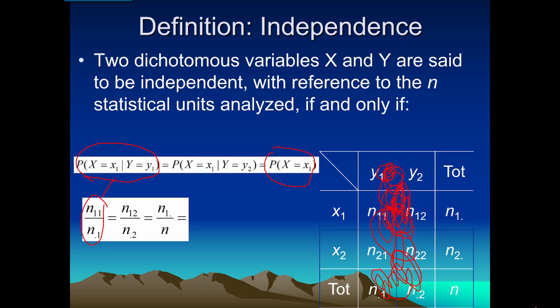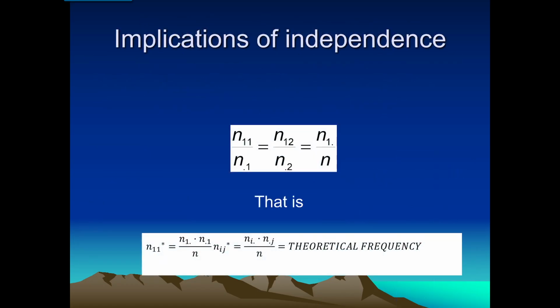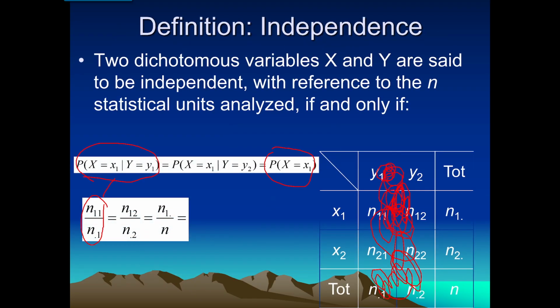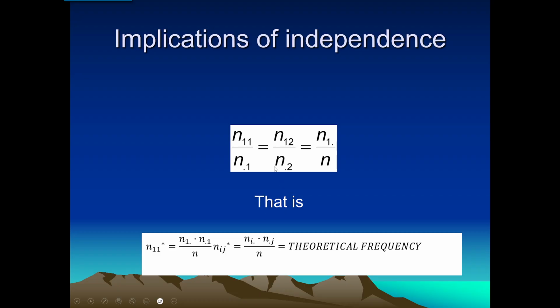Well, if all these three equalities are true, then you have a formula in order to compute the theoretical probability. So you know what is the theoretical frequency under independence.